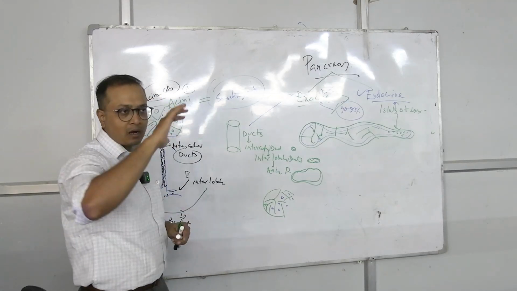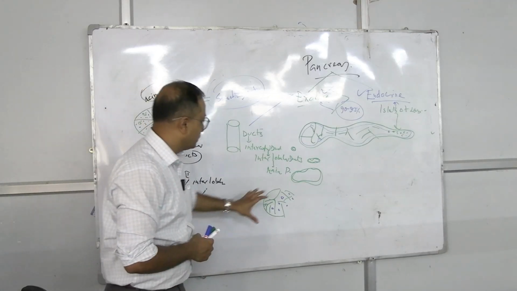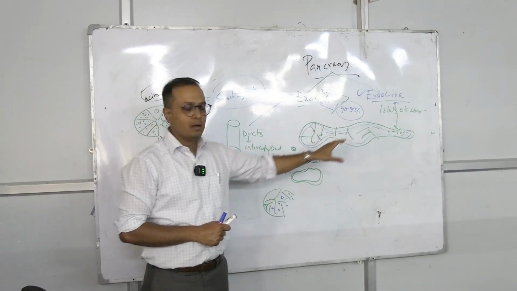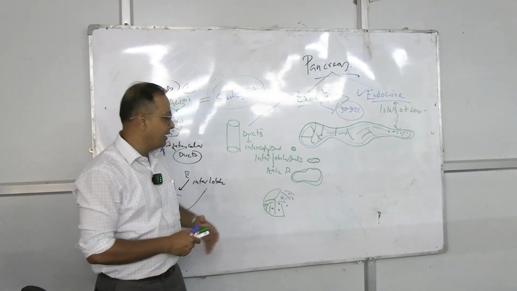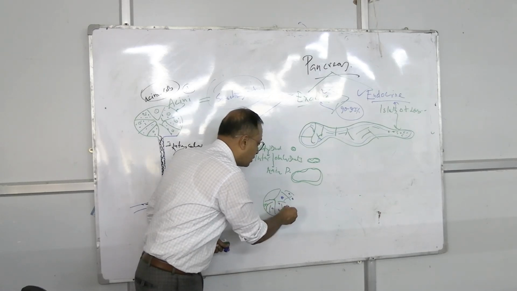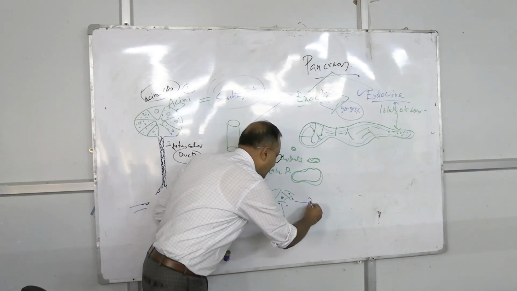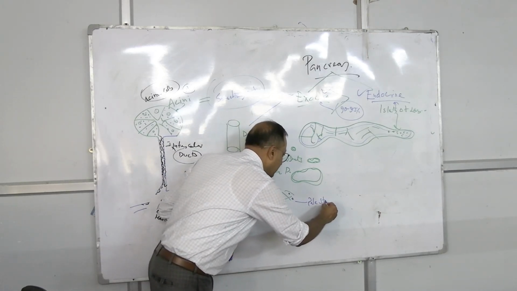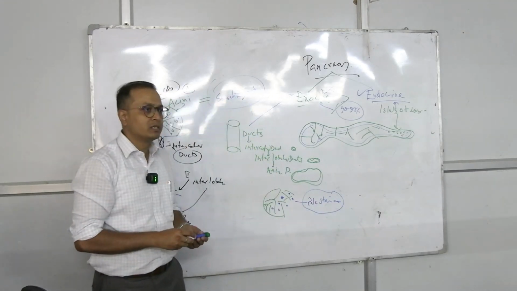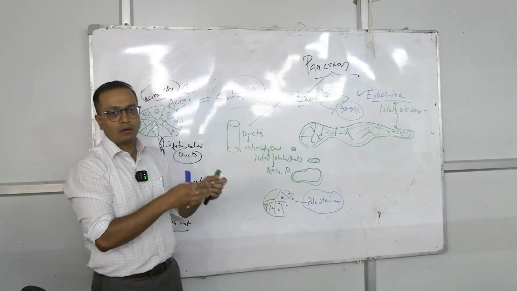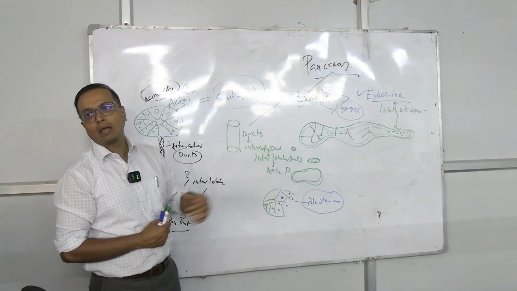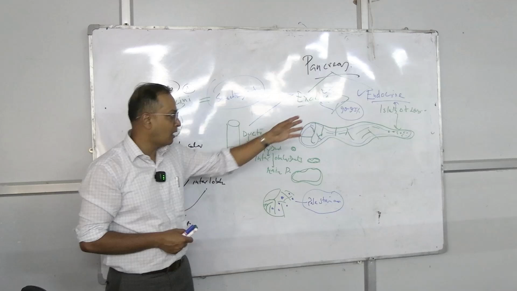If you look at the colors of this pancreas tissue, the exocrine property will be deeply stained, and within this deeply stained tissue we will find some islands or localized collections of cells which are not deep. We call them pale staining areas. These pale staining areas which are present between the pancreatic exocrine tissues, we call islets of Langerhans.